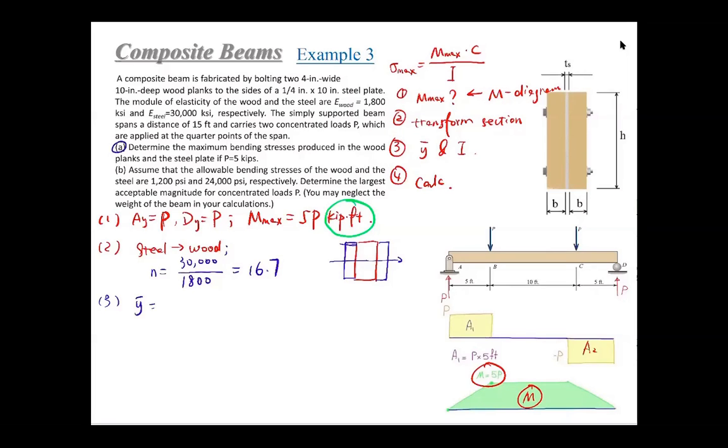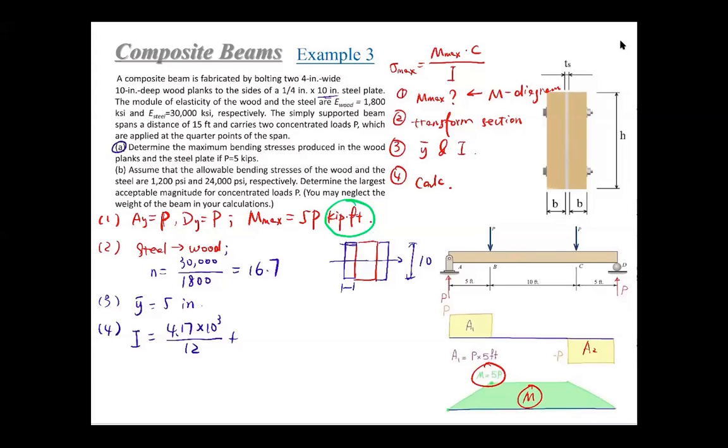And the Y bar will be half of the height. Here H is 10, so here is 5 inch. And the I will be the sum of these 3 ICIs: 4.17 times 10 cube over 12.